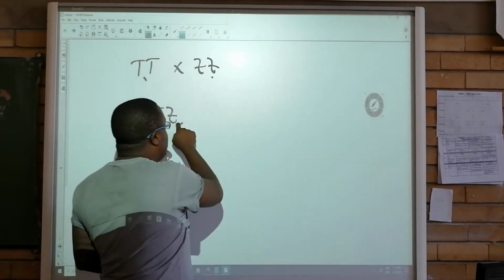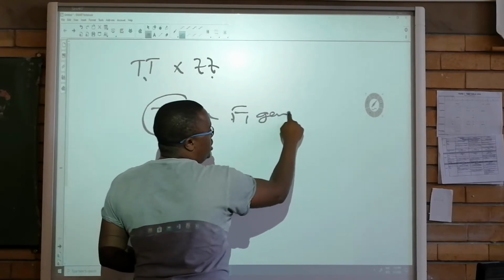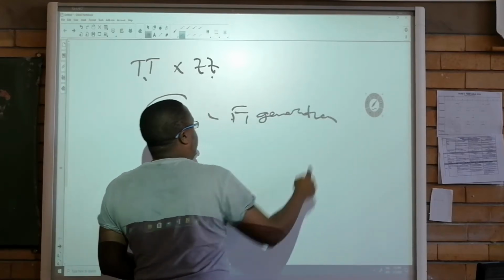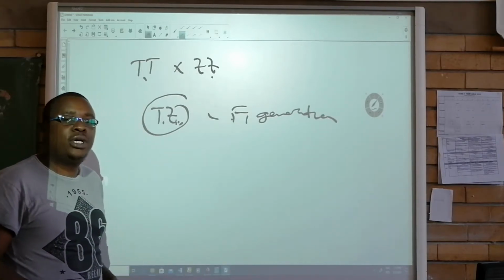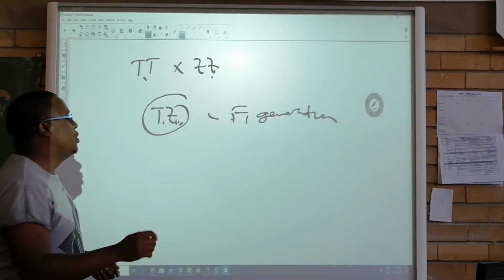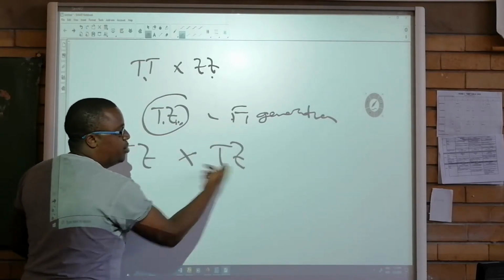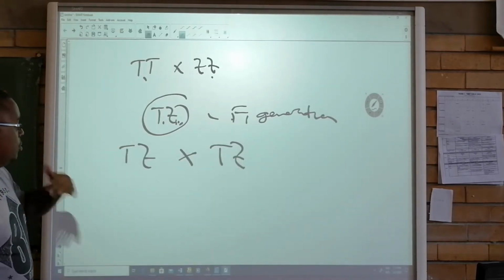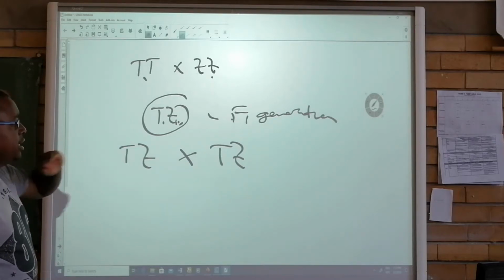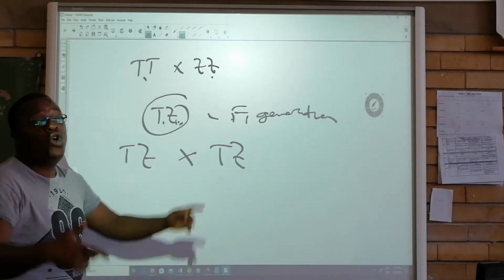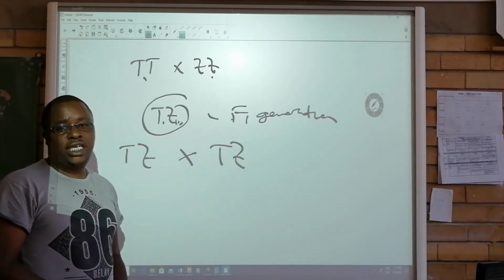This one here was the F1 generation genotype. He allowed these plants, the offspring, to self-pollinate, which was basically this. That is self-pollination. Pollen, self-pollination, they self-pollinated, and then you observed the offspring from that.